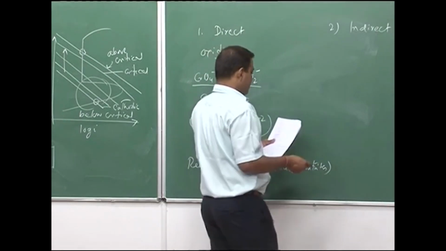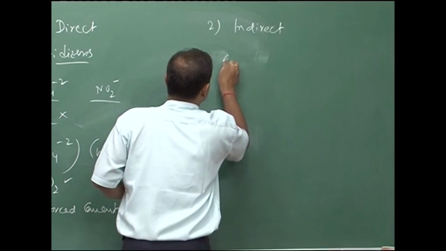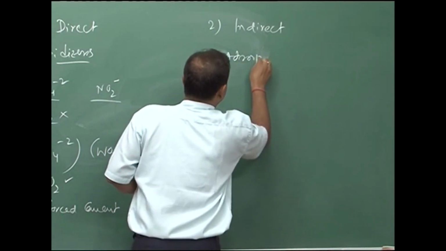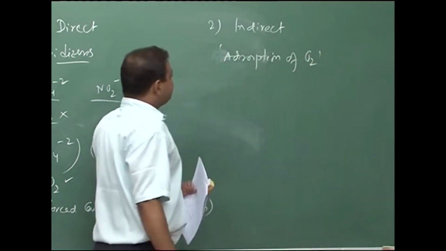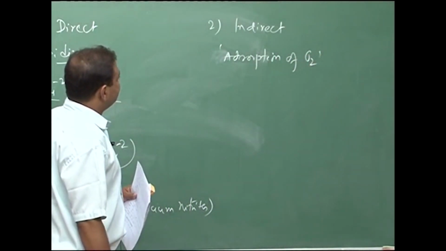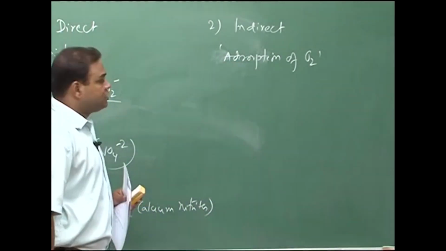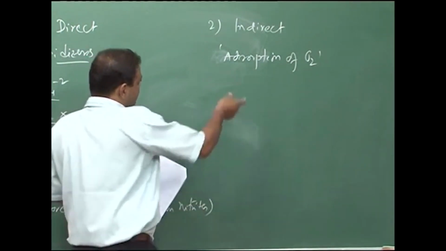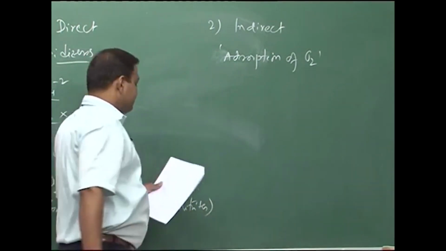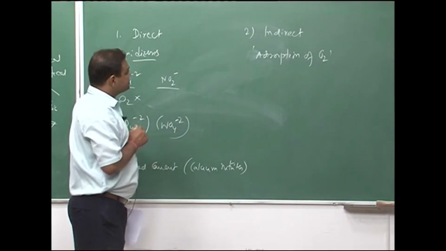And indirect passivators, what they do, they help to improve the adsorption of oxygen on the metal surface for passivating metal, or they can also help in adsorption of those direct passivator oxidizing inhibitors.